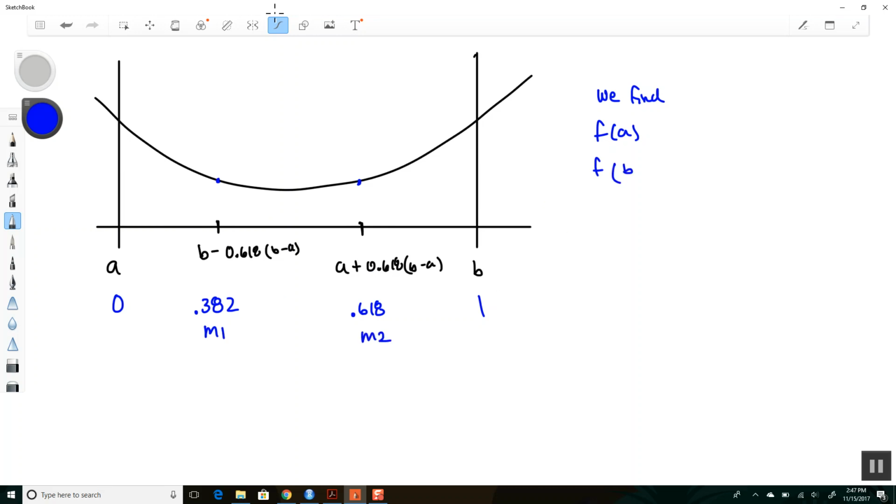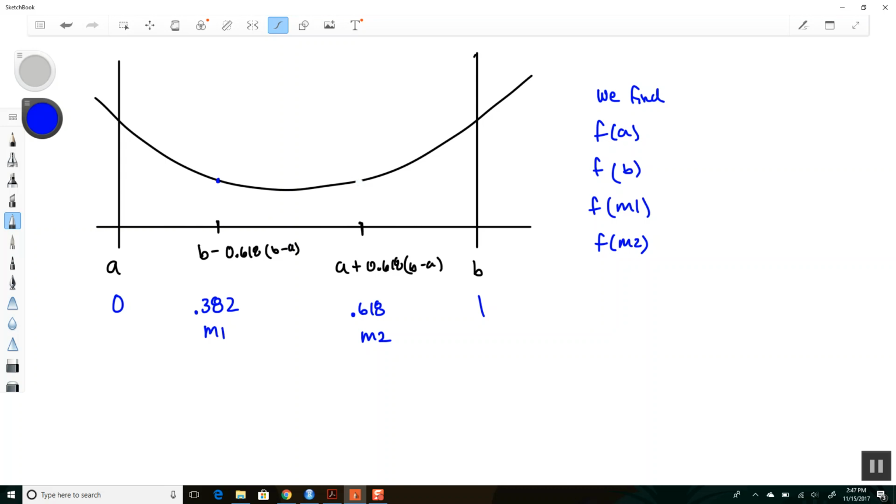Maybe the book uses different letters. Okay, we'll find all of these. And this is not a good picture here because these two look like they're at the same level.